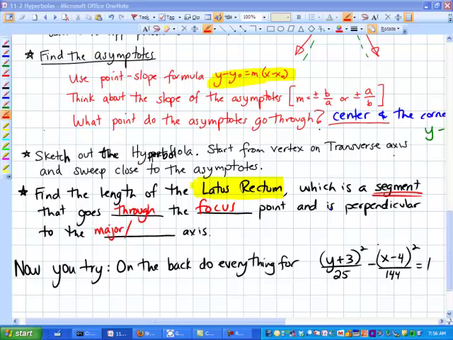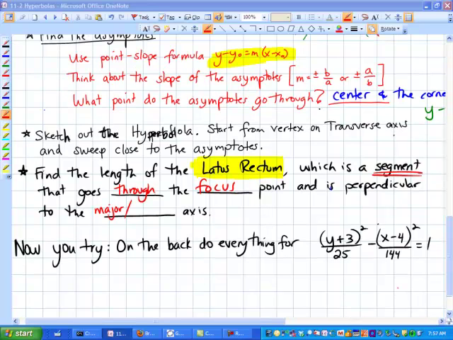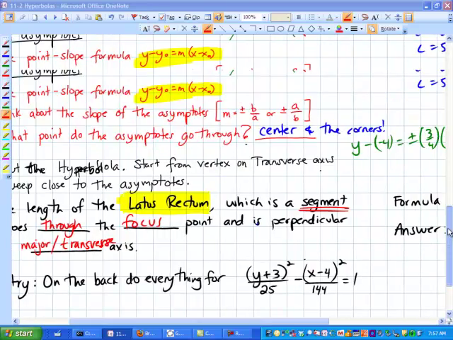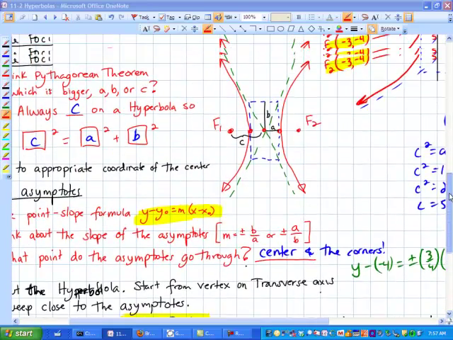It's either perpendicular to the major or it's perpendicular to the transverse axis. Transverse, nice spelling, okay?